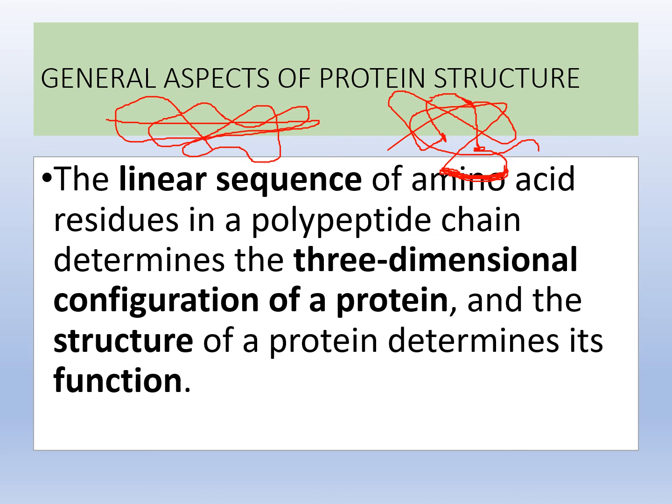Next, the structure of a protein determines its function, correct? If there is any alteration or changes in the structure of proteins, it might no longer be able to perform the function of the protein. Remember, I've mentioned many times before that the function of proteins is dependent on the shape of the protein.